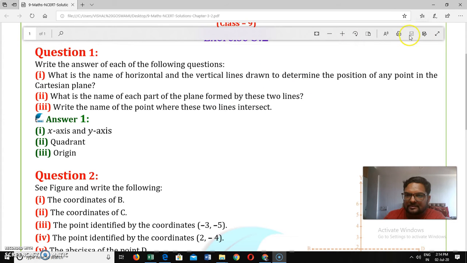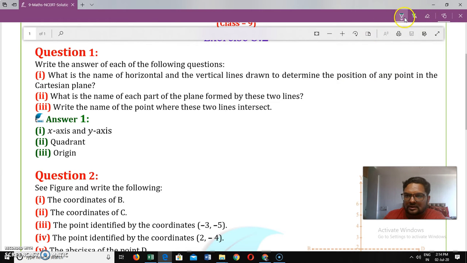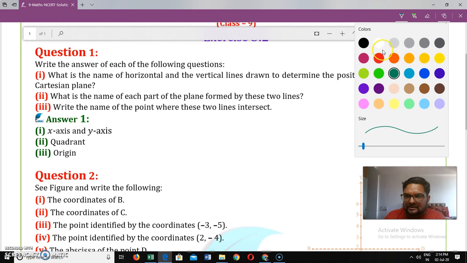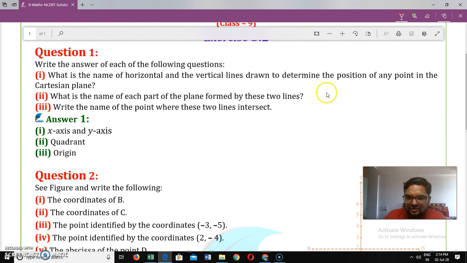Let me take the pen, so you will get much more idea about this. Let me take the red color pen. This will be the y-axis in the graph paper, and this will be the horizontal x-axis, and this point is called the origin.